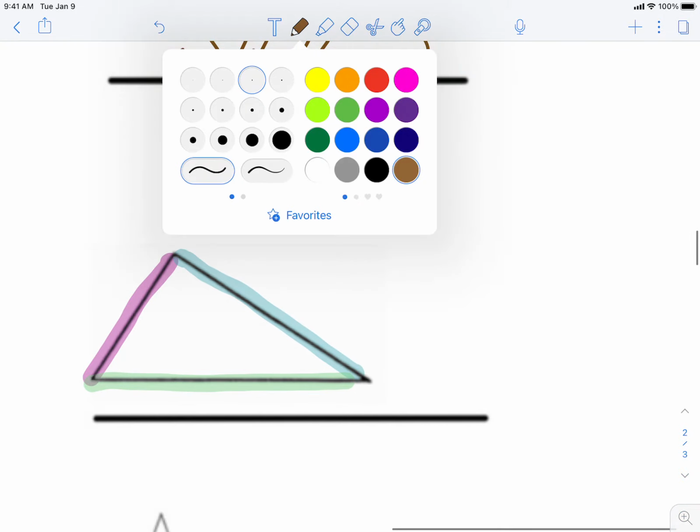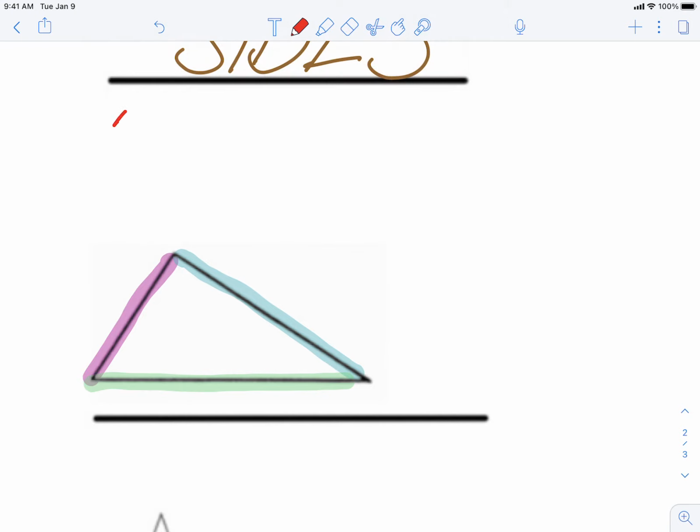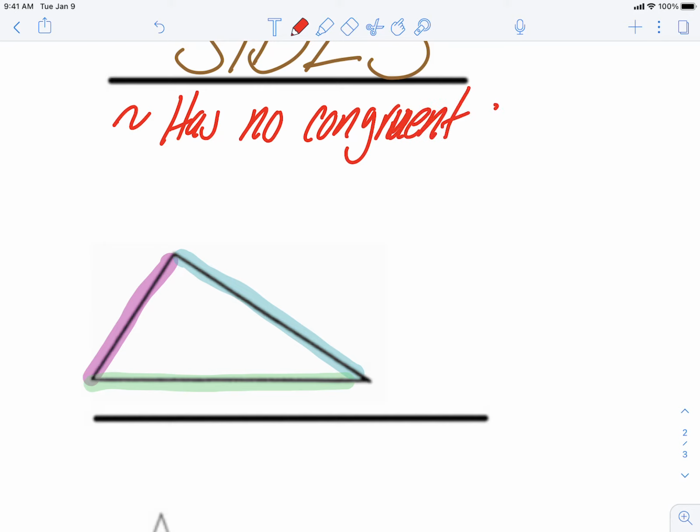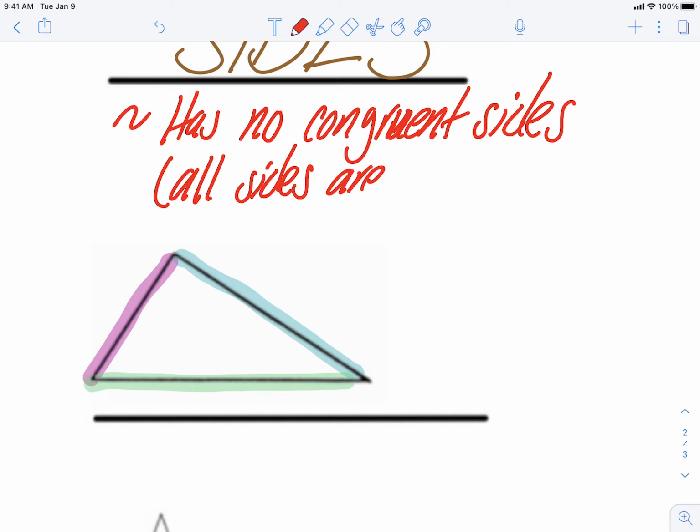So we're going to say it has no congruent sides. What does that mean? All sides are different. All sides of the triangle are different lengths.